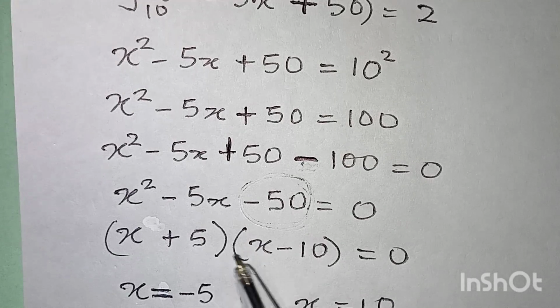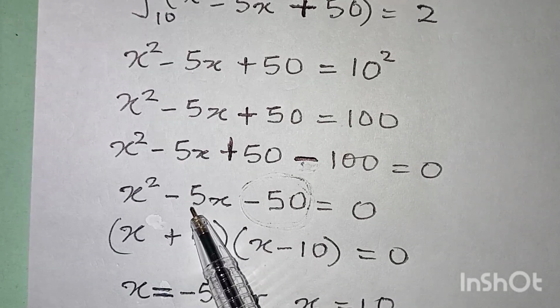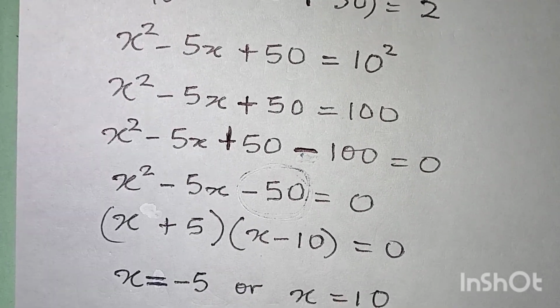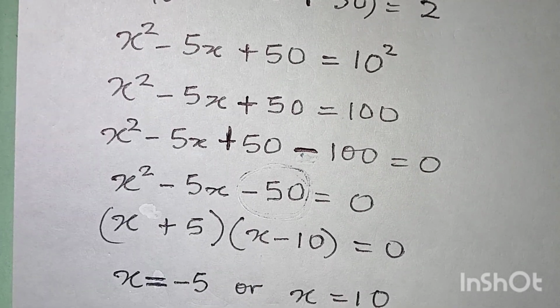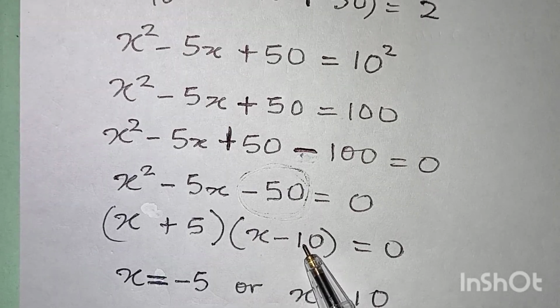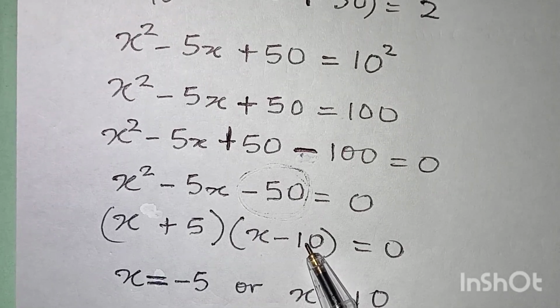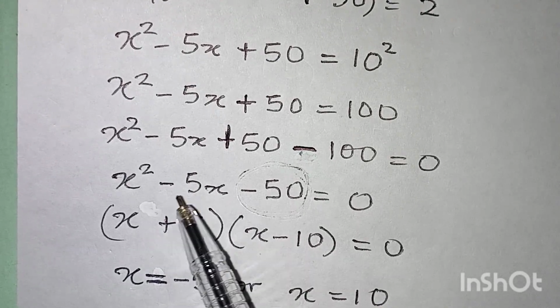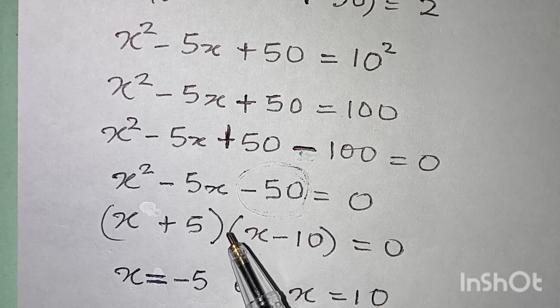So if you add 5 and 10 together, will it give you 5? Yes, but it is the signs that will change. If you say plus 5 plus 10, that will be 15, wrong. If you say minus 5 plus 10, that will be plus 5 left, which is wrong.